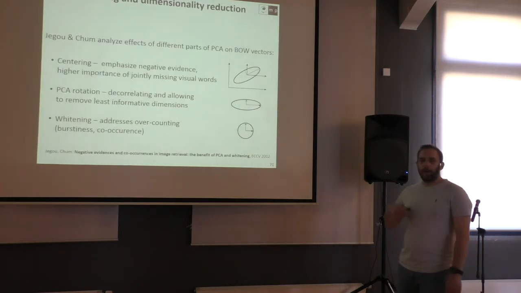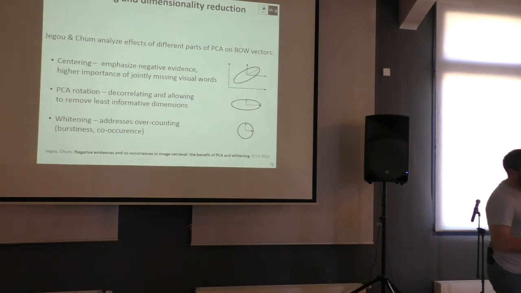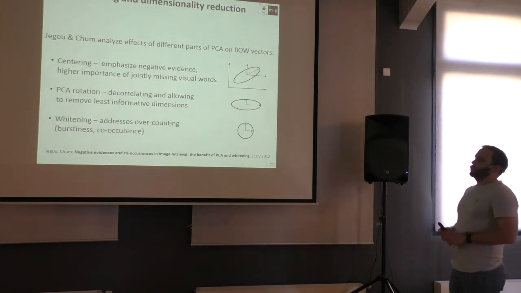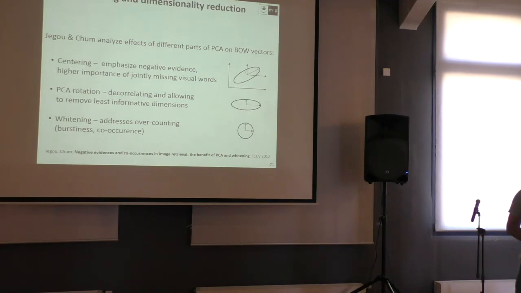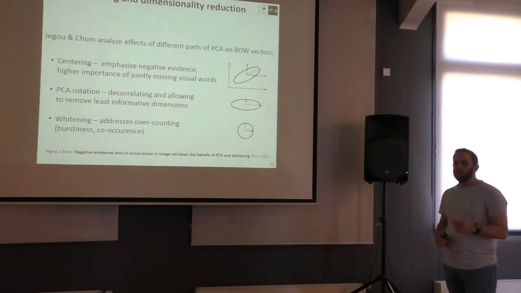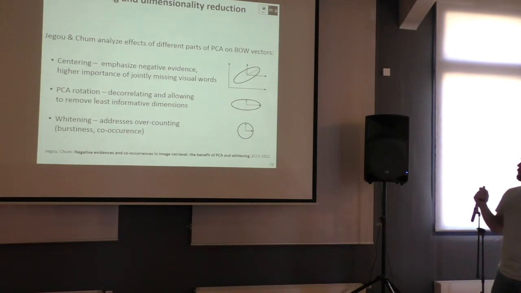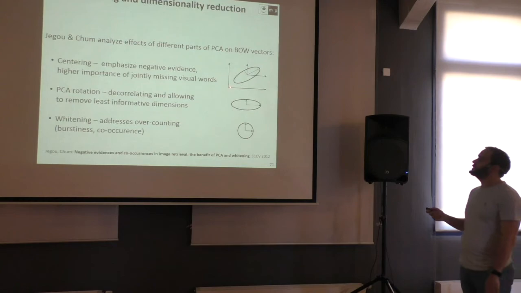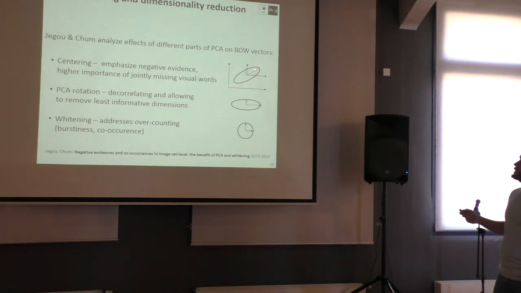As the last step after the training, we do whitening and dimensionality reduction. This is something that was also known from bag of words image retrieval. So these image representations were whitened. And what does whitening actually do? First, because we have only positive data, you want to move the center.